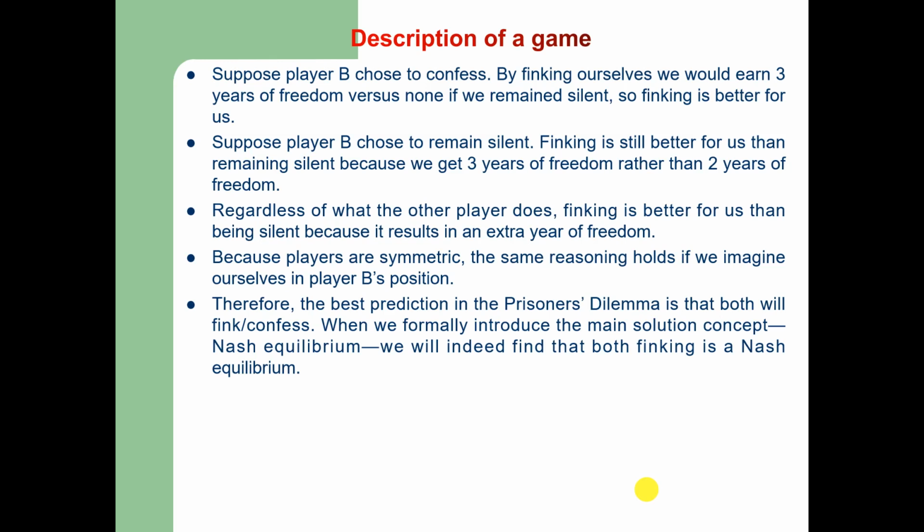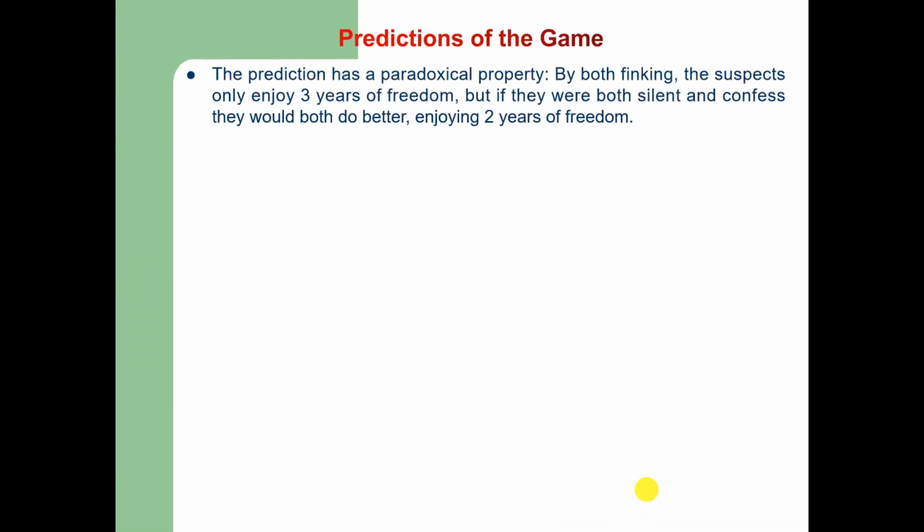When we formally introduce the main solution concept, that is Nash equilibrium, we will indeed find that both confessing is a Nash equilibrium. We will discuss that in more detail in the coming video. Now let us discuss the predictions of the game. The prediction has a paradoxical property.